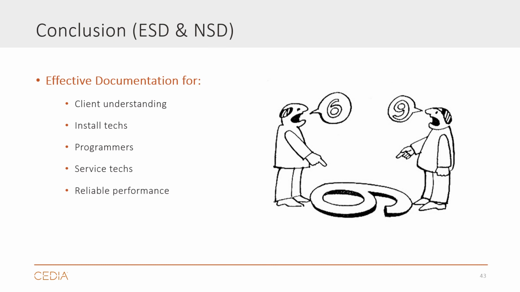A truck may not even need to be rolled when preliminary service is performed in your office using the as-built documentation. And having the right documentation allows more available techs to build and service the systems and not just the lead techs.